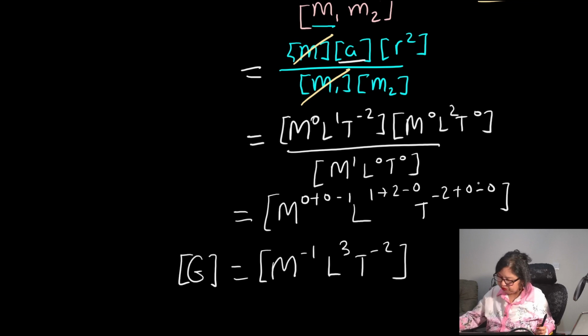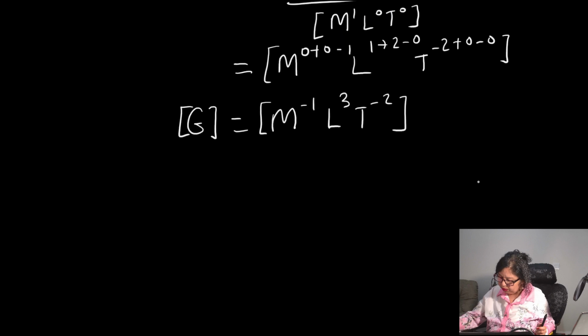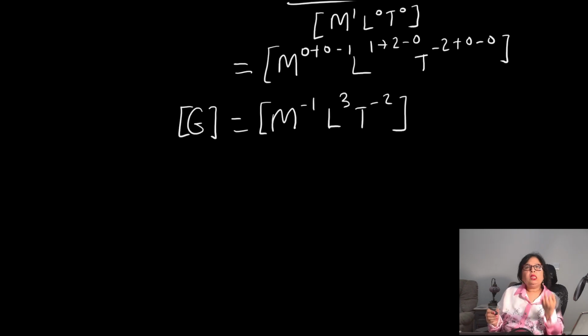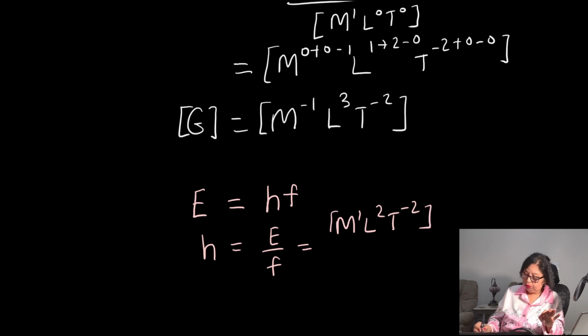Cool. Then for H. Now, as far as H goes, if you could remember one little thing, that the energy of a photon is equal to H times the frequency of the photon. E equals H times F. So from here, you can write H equals E over F. Now the dimensional formula for E is m1 L2 T minus 2.